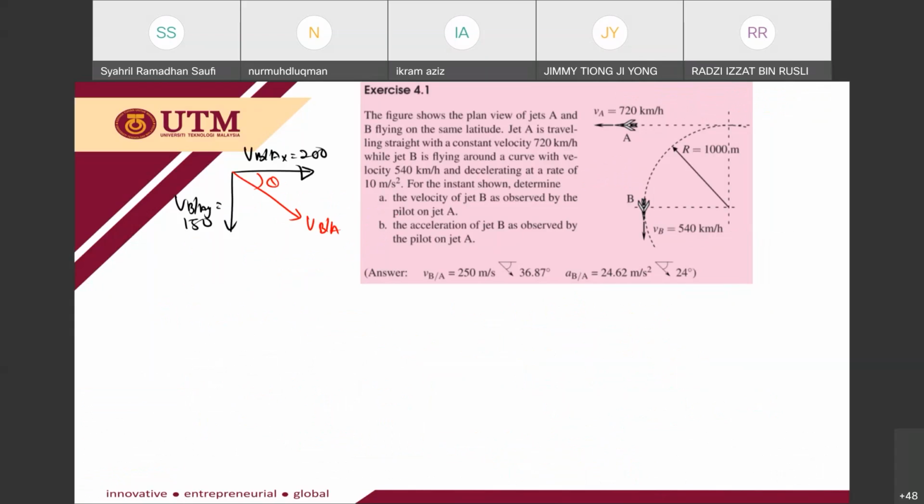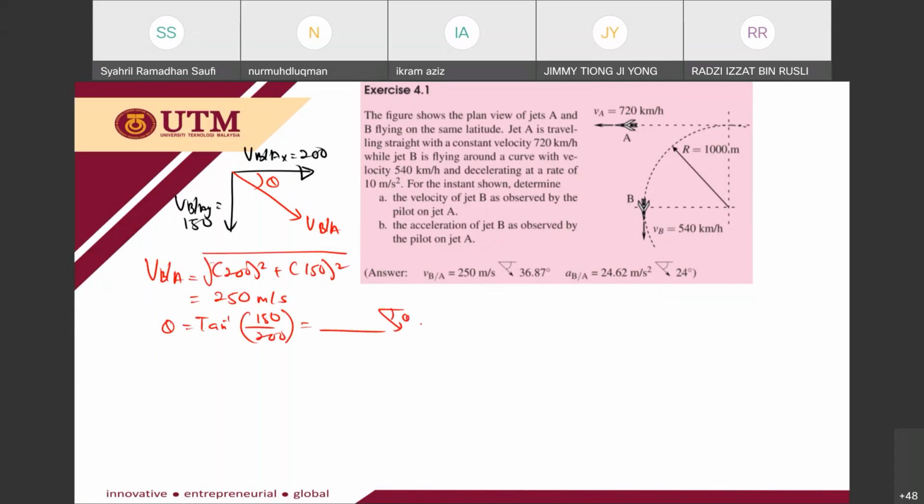This one is your VBA. So VBA is equal to the square root of 200 squared plus 150 squared, and you get 250 meter per second. And then theta is equal to tangent inverse of 150 over 200, and then you get your direction, this direction theta.